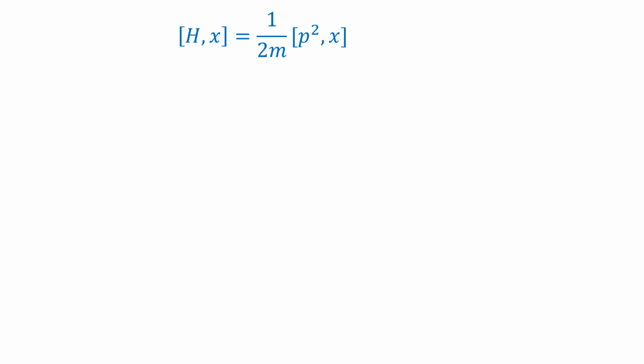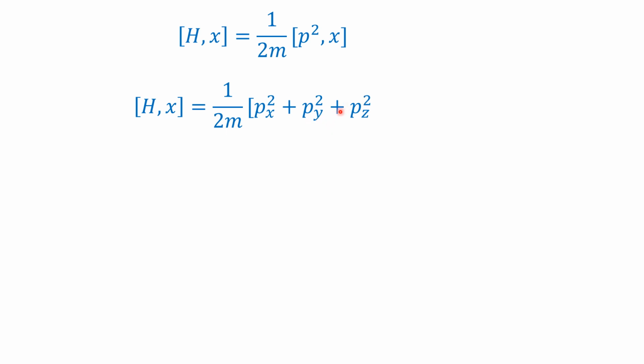So the commutation of H with x is equal to 1 over 2m times the commutation of p squared with x. By the definition, p squared can be written as px squared plus py squared plus pz squared, with x.